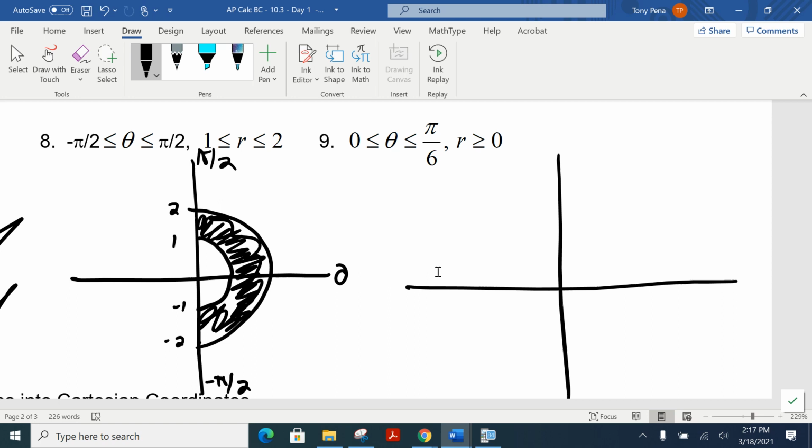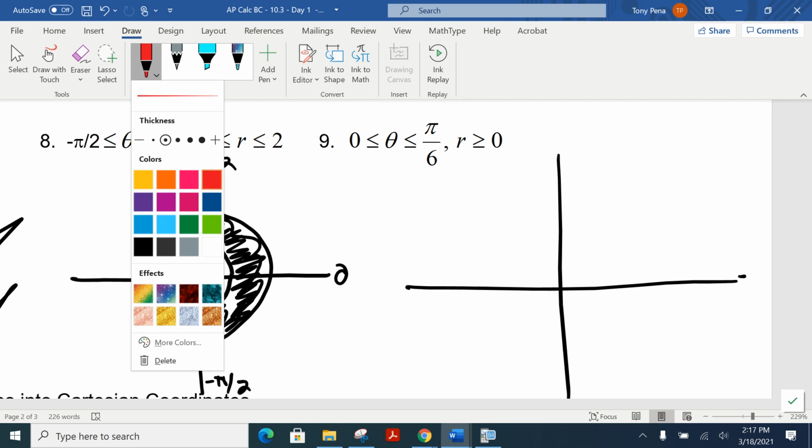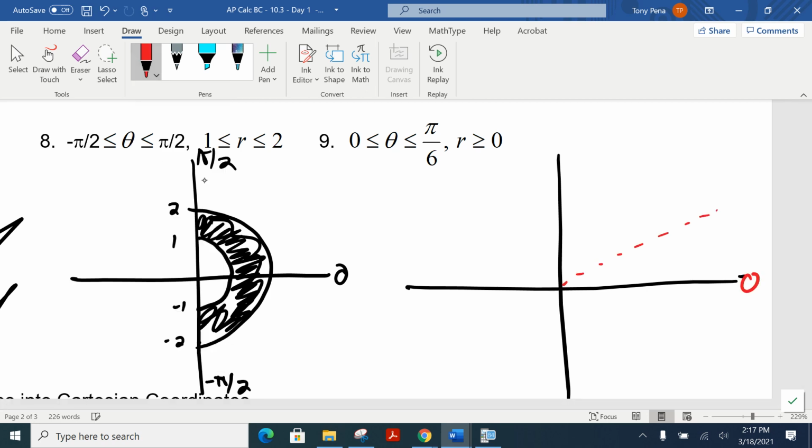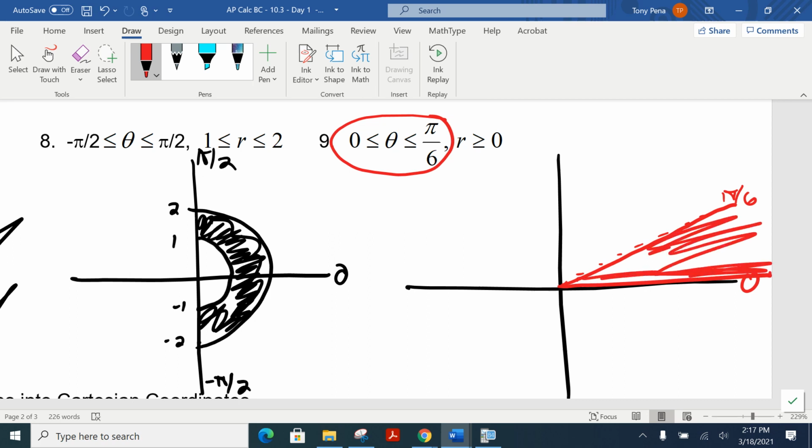But yeah, an endless slice of pizza would be pretty good. So here's 0, pi over 6, we'll say is here. So we have to stay in between there, but we want every radius towards pi over 6, every radius towards 0, along with every radius in between. So if we did that, then yeah, it's kind of this endless slice of pizza.